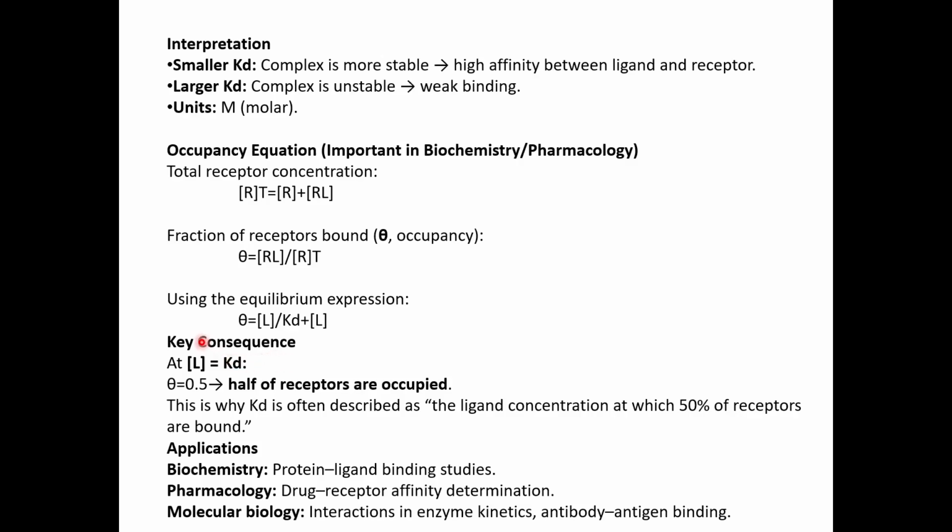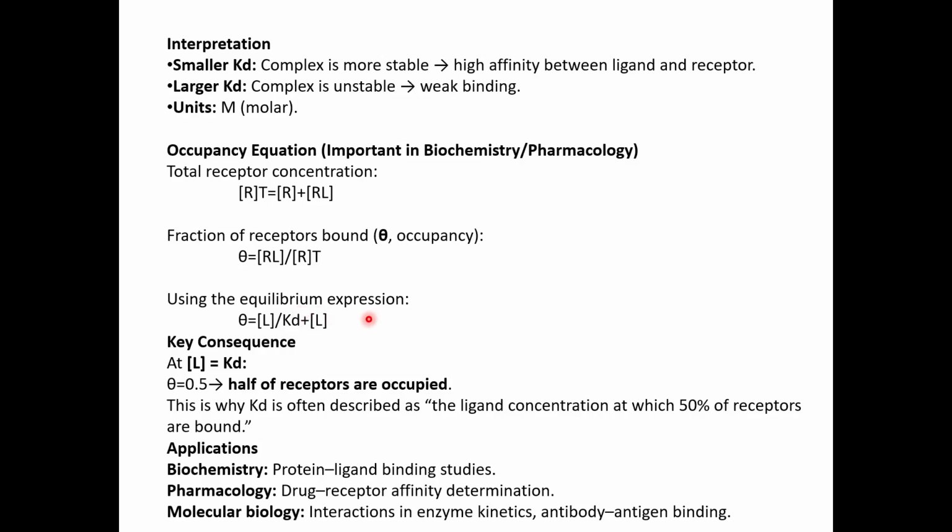So if L equals KD, then theta is half, which is equal to 0.5. So half of your entire receptor population present in the solution is being occupied. This is why KD is often described as the ligand concentration at which 50% of the receptors are bound.